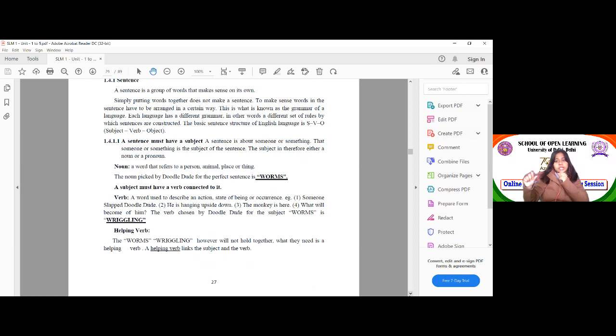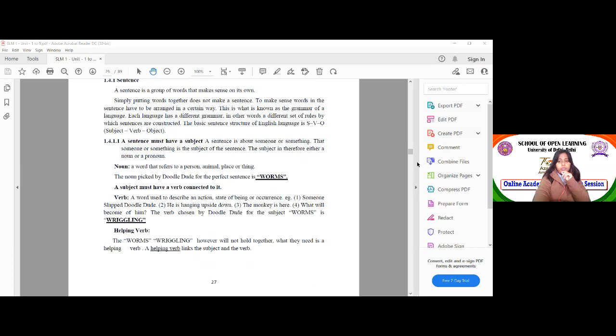And we also studied that the basic structure of a sentence in English is subject, verb, object, which means the subject, the person or the thing, is doing an action with, to, for an object. So this is the very basic structure of an English sentence. This is how much we had covered in the last class.